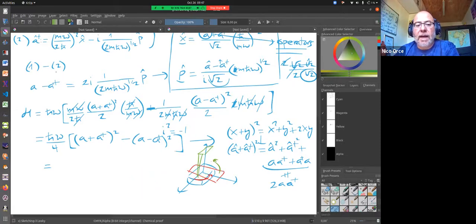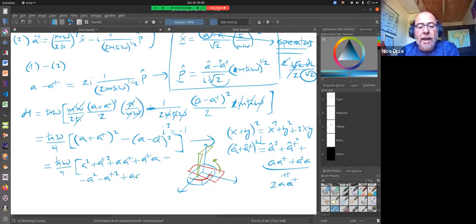Two numbers, and in that situation, this will be h bar omega for a square plus a dagger square plus a dagger plus a dagger a, right? Minus a square minus a dagger square, which becomes plus a dagger minus.